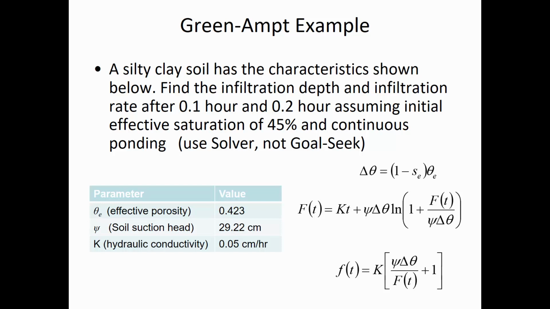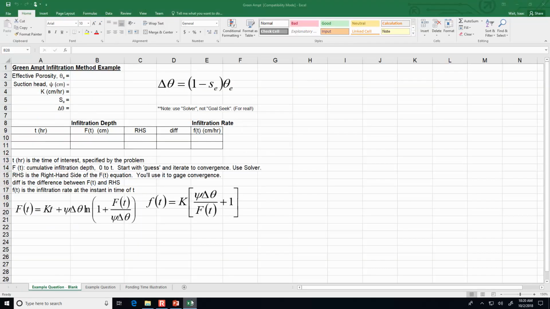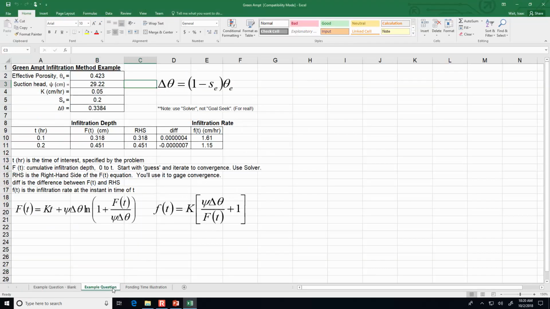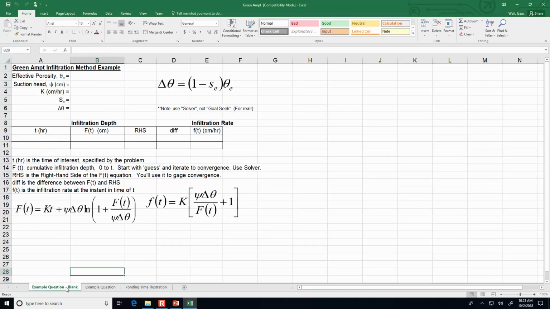Okay, so let's look at how much infiltration depth there is and also the infiltration rate over time. So we'll start up Excel here. Did I give you guys the template file? No, okay.